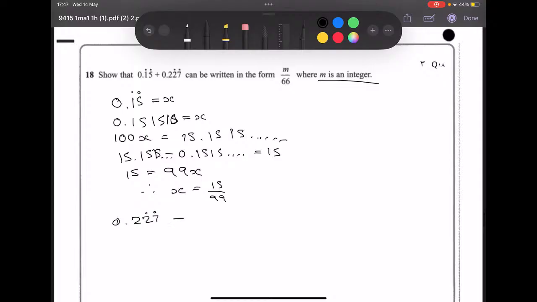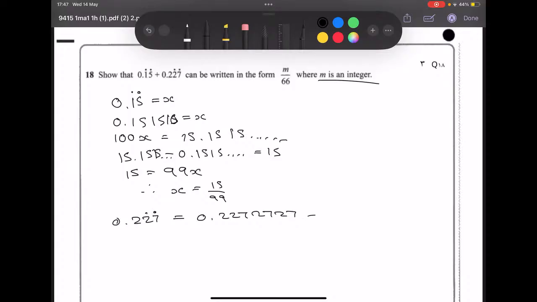Now 0.227 recurring equals 0.2272727. To be able to take this away, we need to line up the 7s. We need to times this by 1,000.